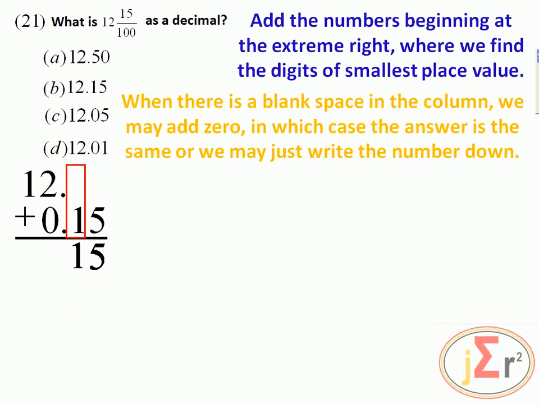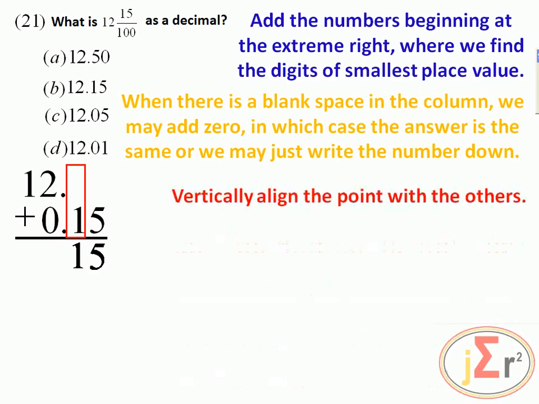The same will occur right there. There's nothing to be added to 1. And then we have to vertically align the decimal points because the decimal fraction is present. So we have to make sure that the decimal point is included at the appropriate position. We have 2 plus 0 and that is equal to 2. And finally, we have 1 to be added to nothing and it turns out to be 1.